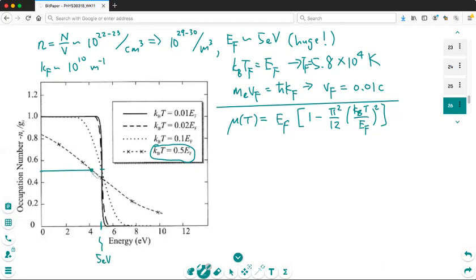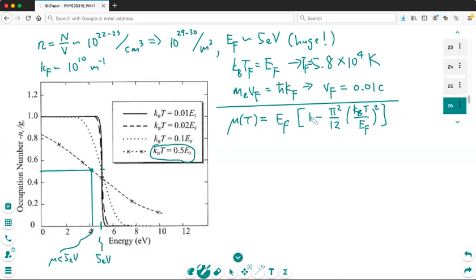This is the chemical potential for this case, the one with the cross, somewhere here. You can see the difference. The chemical potential mu is clearly different from 5 eV, and it's lower than 5 eV, and this makes sense because of the minus sign here.